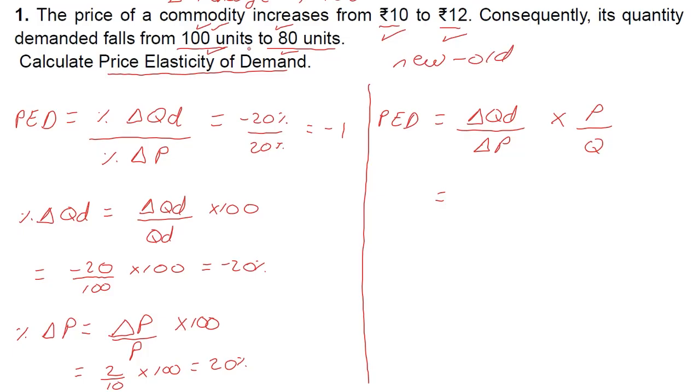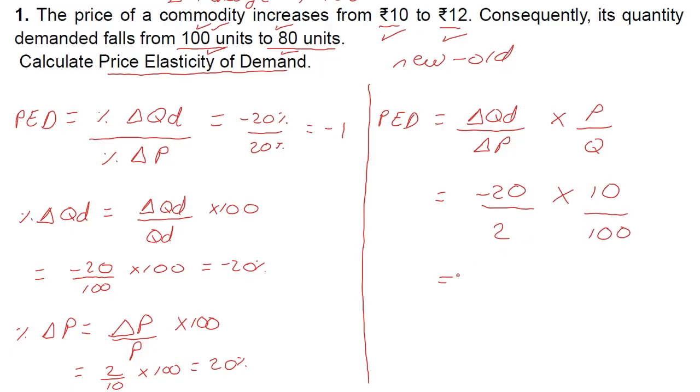Okay, so we have 80 minus 100, which is minus 20. The change in price is 12 minus 10, new minus old, which is 2, into price, original price, which is 10, upon original quantity, which is 100.